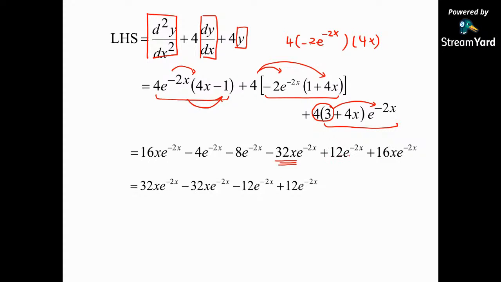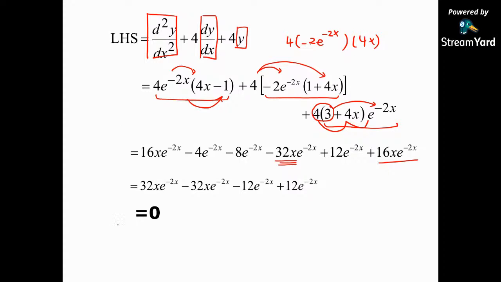So we got 12 e negative 2x. And then 4 times 4x times e, so that is how you end up with 16x e negative 2x. And then simplify everything. You should be able to see that your answer is actually equal to 0. Okay, so that is our job. We want to prove they are equal to 0.